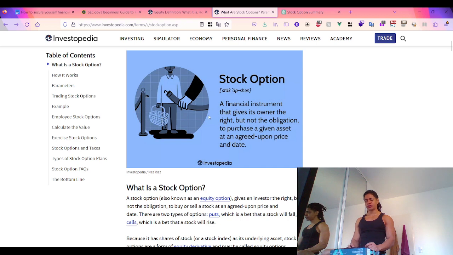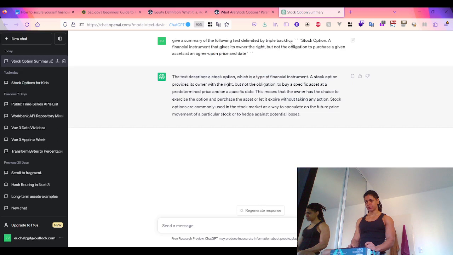And stock options are used in the stock market as a way to speculate on the future price of a stock, or to hedge. What does it mean to hedge?